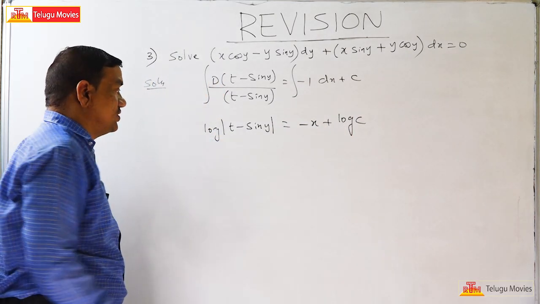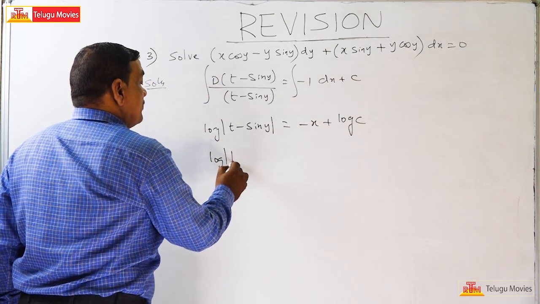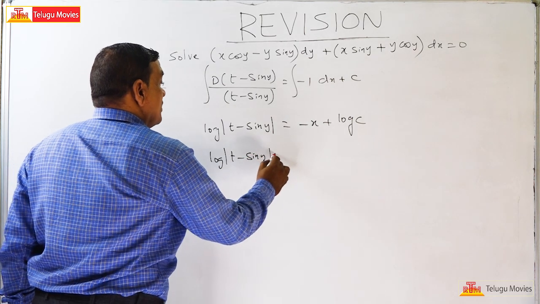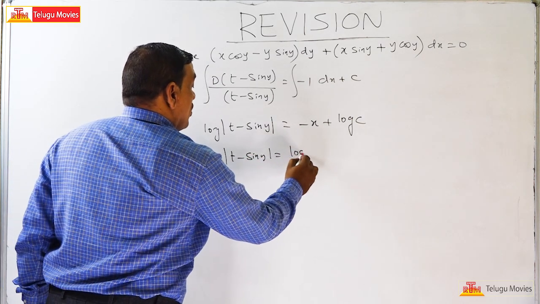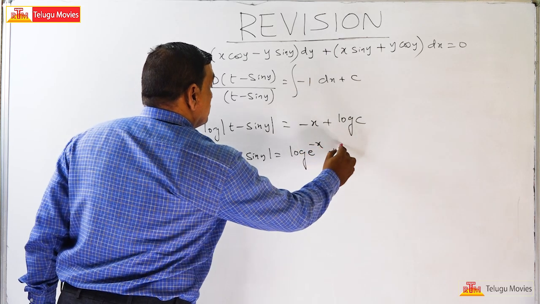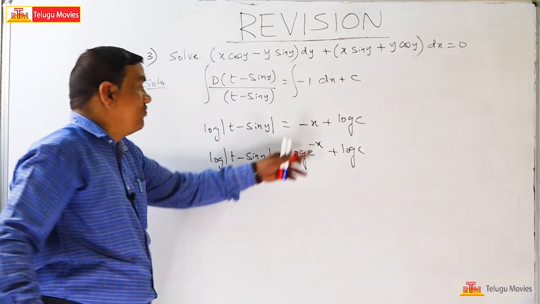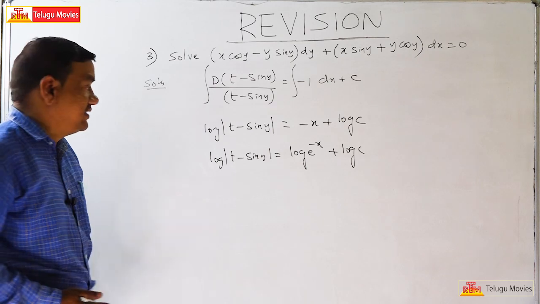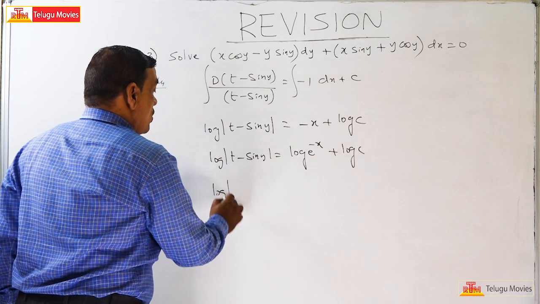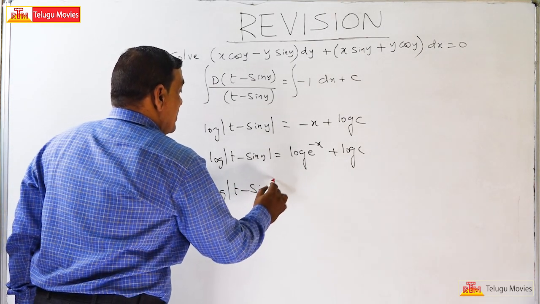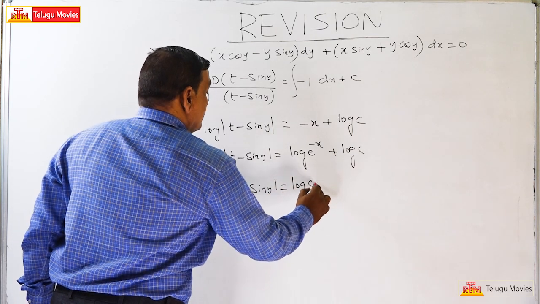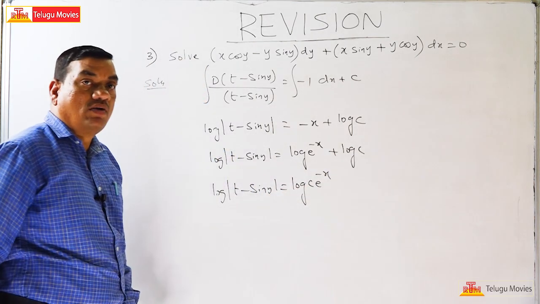This I can write as log of e power minus x plus log c. Log of e power minus x is the same as minus x. So log of t minus sin y is equal to log of c into e power minus x.